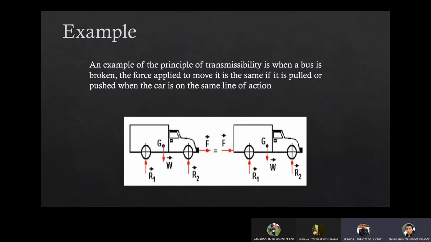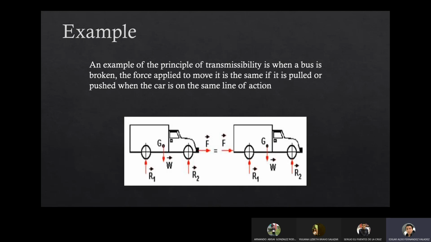Thank you, Sergio. Well, we can see here two different moments of the bus. The first moment is when the bus is broken down and we do not pull or push it. And the second is when we pull it or we push it. The difference between them is none, because the two buses are the same.